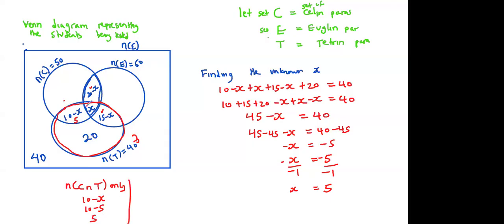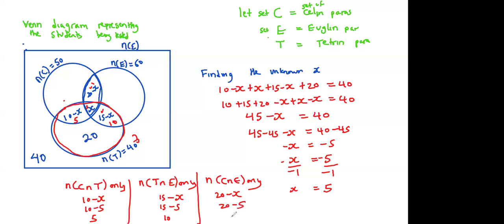Here we have already obtained also 5. Then here, which is T and E only, it is 15 minus X, which is 15 minus 5, which gives us 10. So here you have 10. What about C and E only? It is 20 minus X, which is 20 minus 5, which is equal to 15. So here we have our 15.